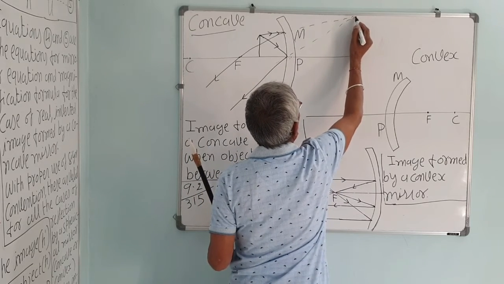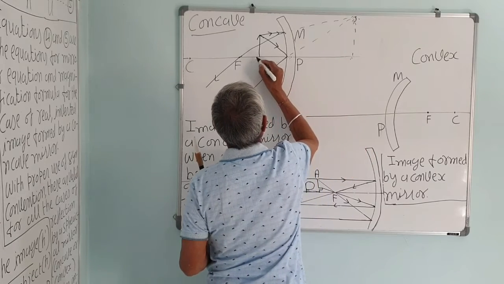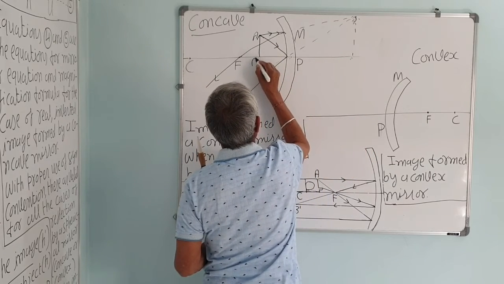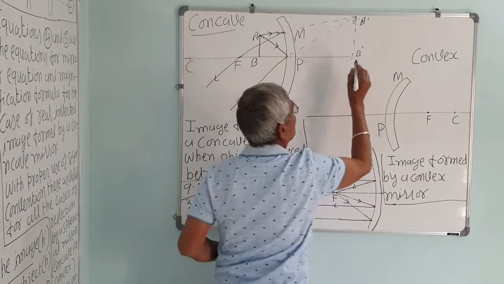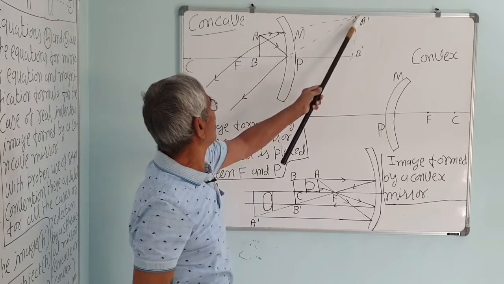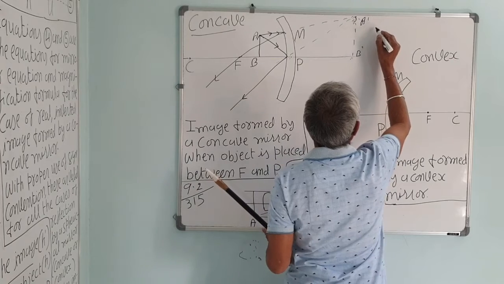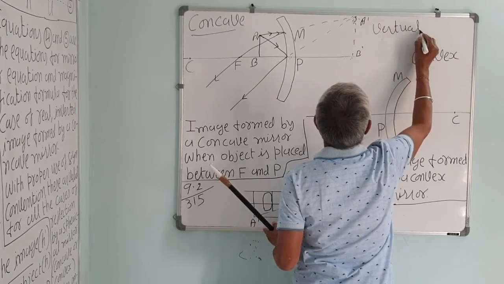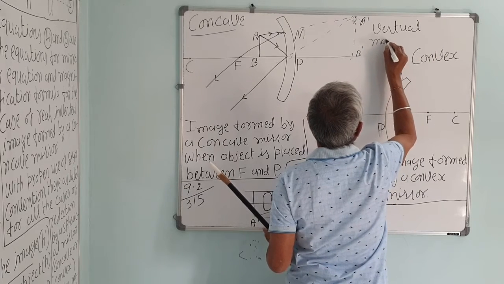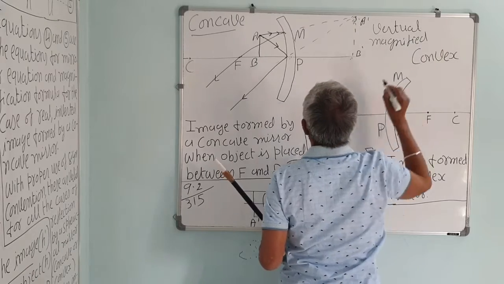it seems to be coming from, say, this is AB, then this is A dash and B dash. That is, top becomes top and bottom becomes bottom. So it is virtual, not real, virtual, magnified, bigger than the size of the object.